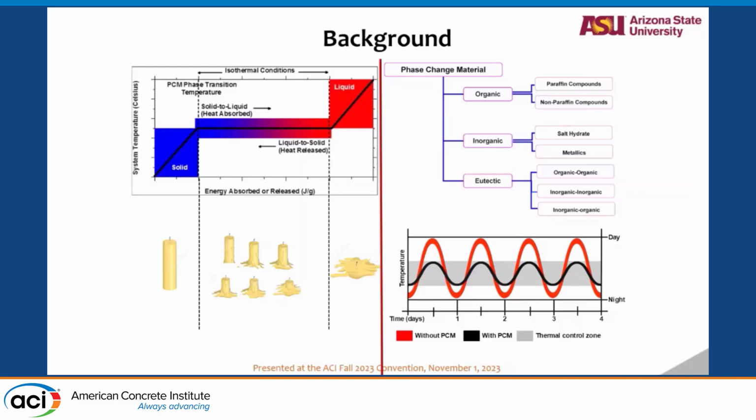The solid phase change material initially takes heat and the temperature rises to a point, and there's a certain temperature where the transition from solid to liquid needs to happen. To change to liquid, it will take a certain amount of heat, and that heat it absorbs prevents the temperature from increasing.